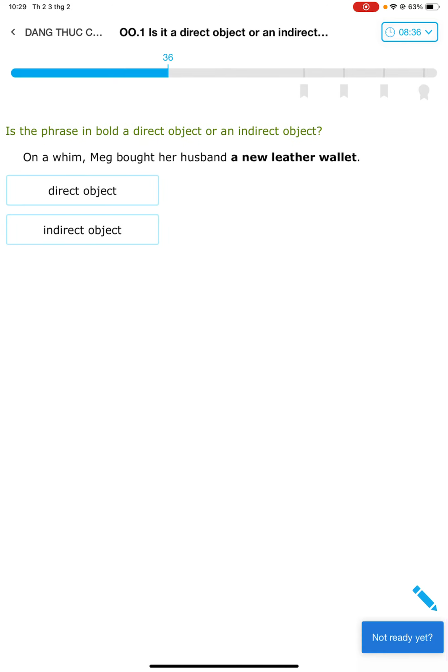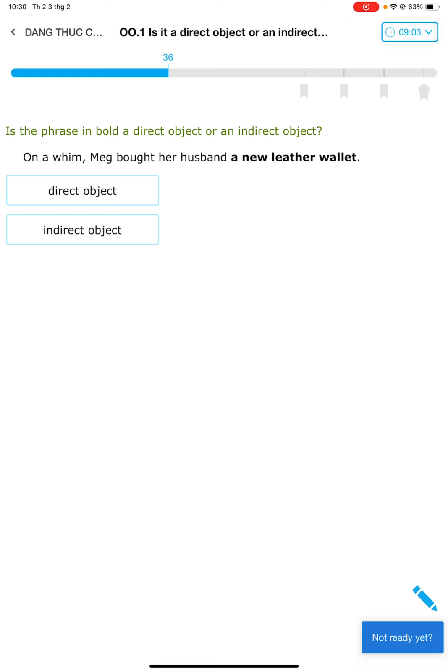On a whim, Meg bought her husband a new leather wallet. I can see bought is the verb, so let's ask ourselves a question: what did Meg buy? A new leather wallet.